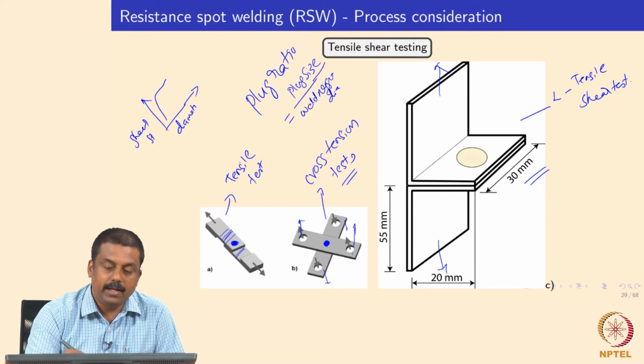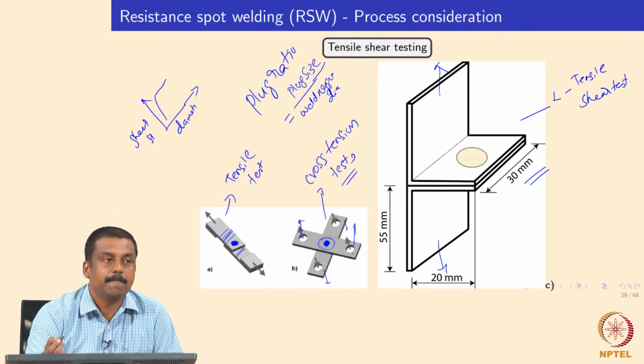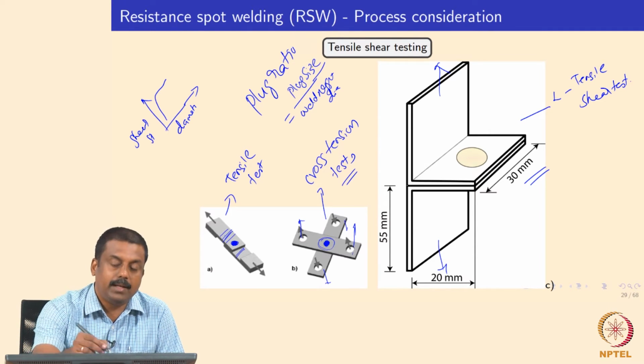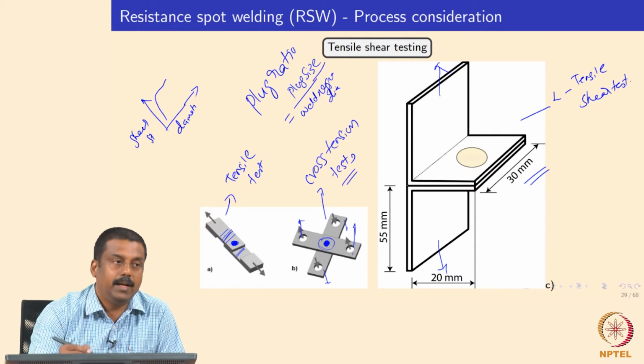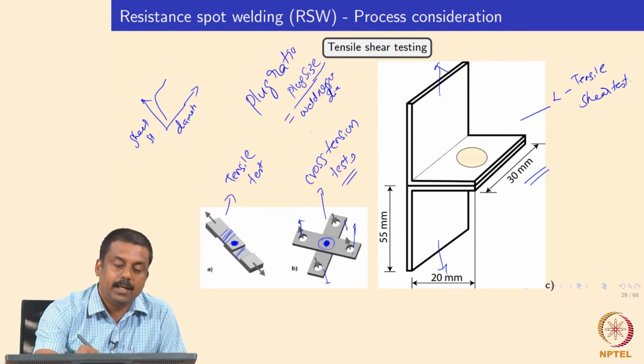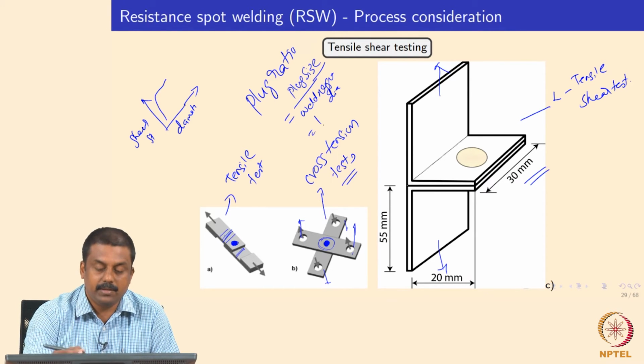So what does it indicate? For example, if the weld is intact and the failure happens elsewhere, your weld nugget diameter is your plug size. Your plug size is the same as the weld nugget diameter, and your plug ratio becomes 1, which is the most ideal condition because your weld does not fail.